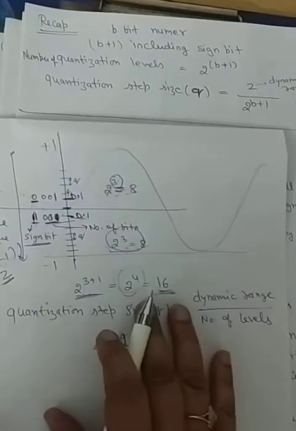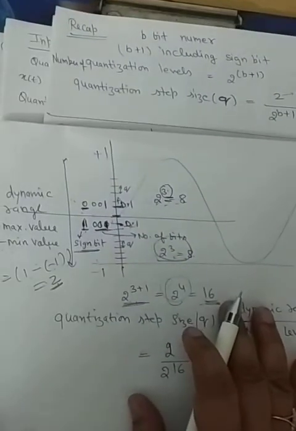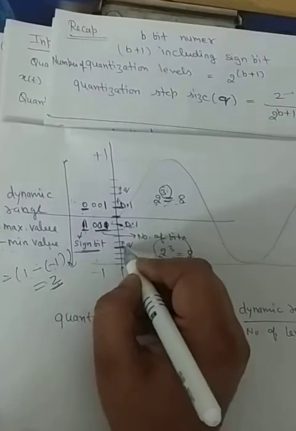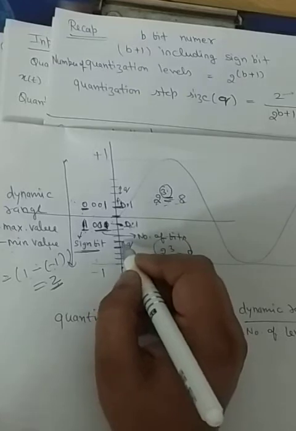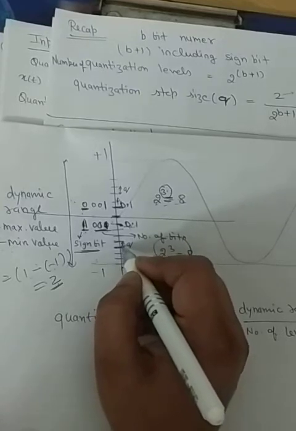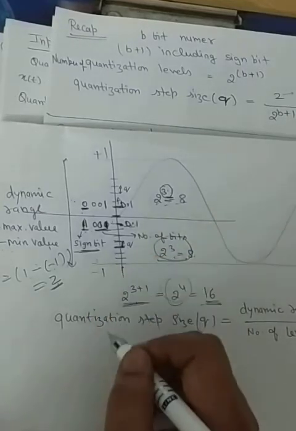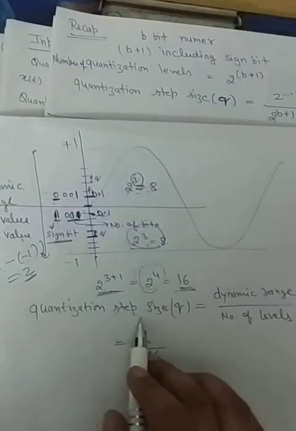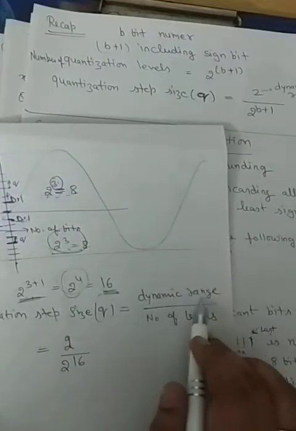So in order to find out the quantization step size, which is basically the difference between two successive quantization steps, this quantization step size q will be equal to the dynamic range divided by the total number of levels.